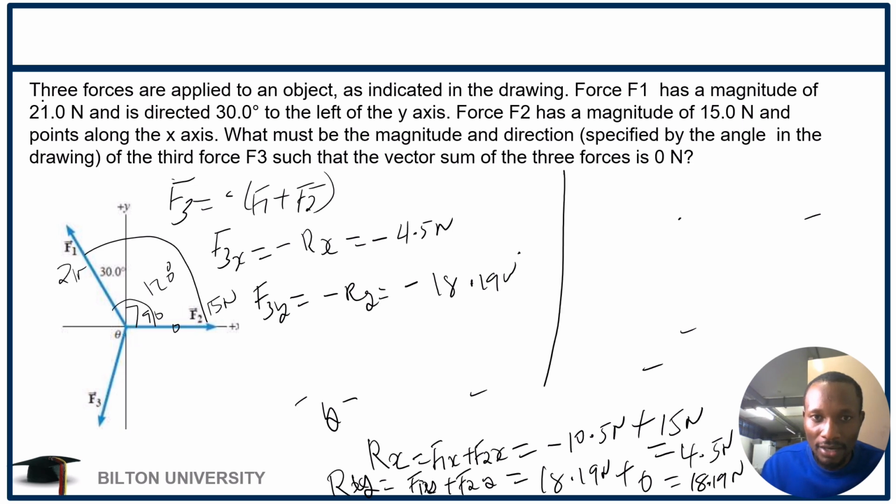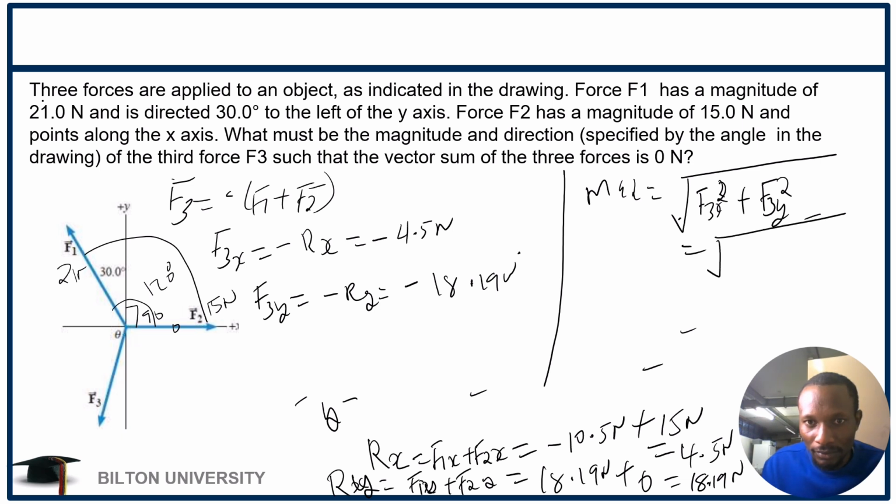From here we can find the magnitude, which is the square root of F3 in the x component squared plus F3 in the y component squared.